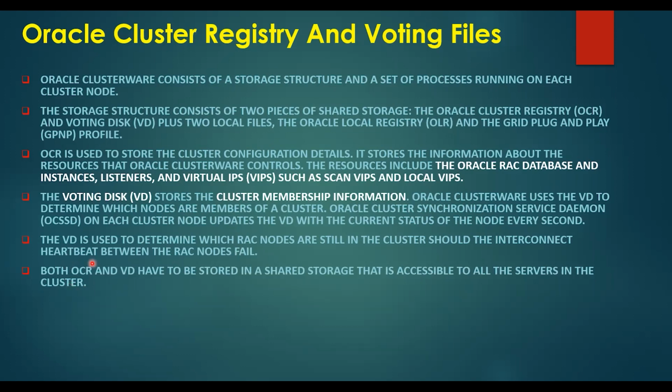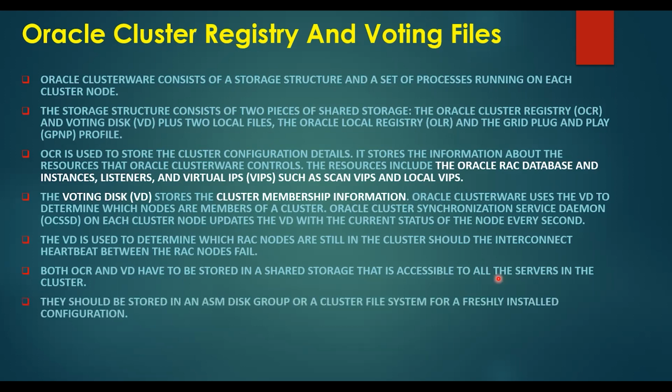Both OCR and voting disk have to be stored on shared storage that is accessible to all the servers in the cluster. This is very important. They should be stored in an ASM disk group or the cluster file system. It is recommended to keep them on an ASM disk group, but if not, then you have to use the cluster file system.